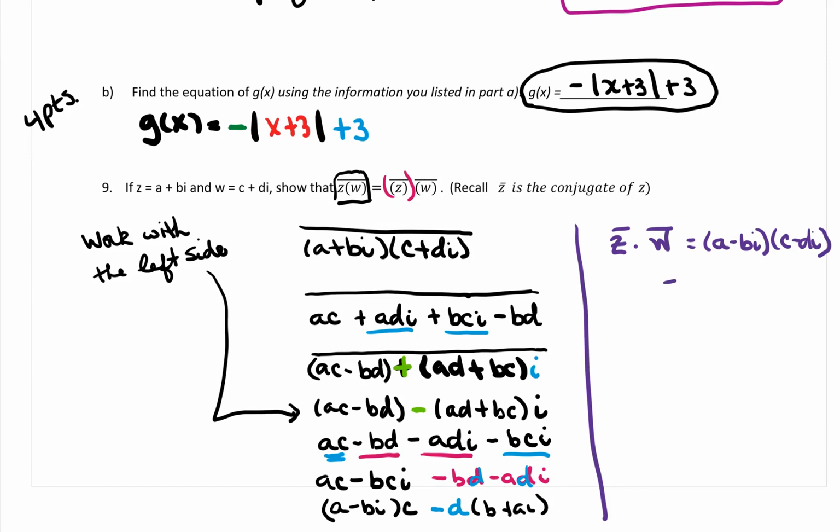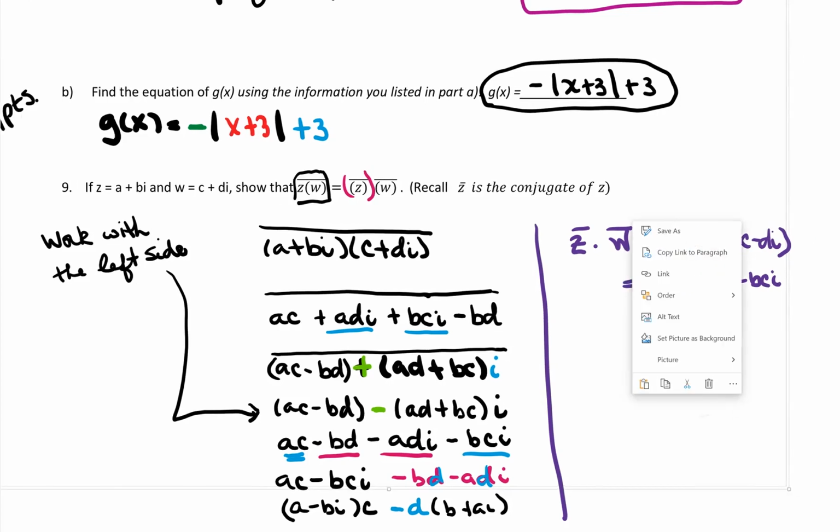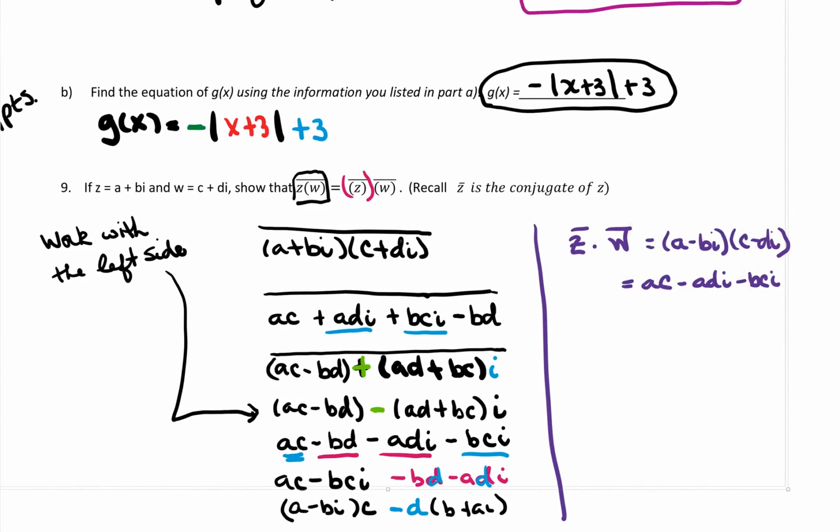And so if we distribute, we get A times C is AC, A times negative DI is negative ADI, negative BI times C is negative BCI, and negative BI times negative DI. Well, negative times negative is positive, but we have an I squared, so that's negative. And so this is going to be minus BD.